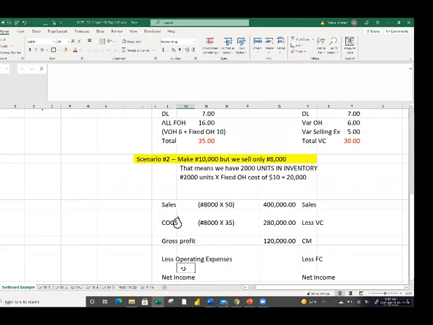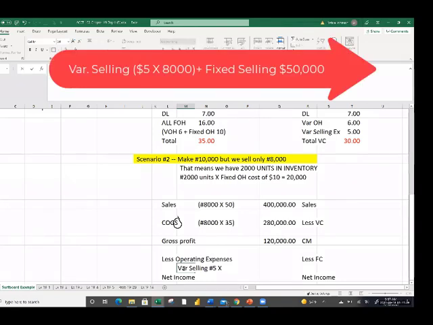Okay, the operating expenses are the variable selling, which we said was $5 a unit times 8,000 units. So there's 40,000. In addition to that, the fixed selling, remember that fixed means just that.